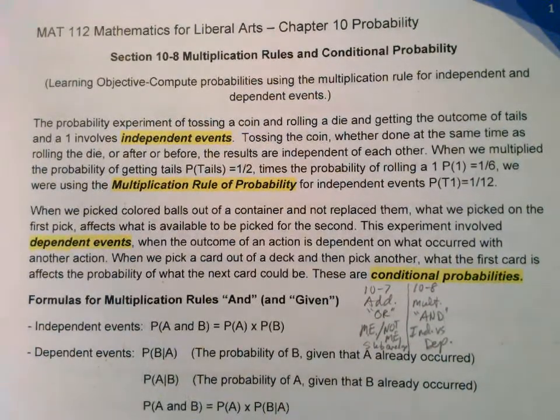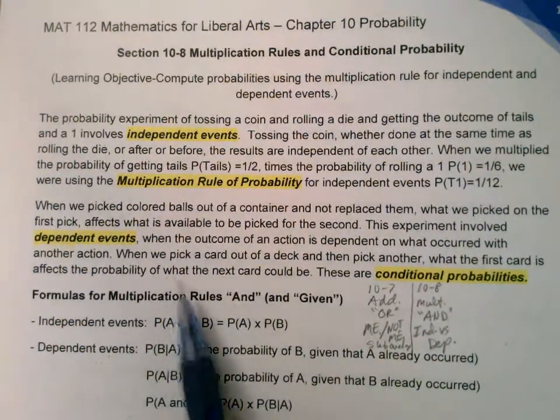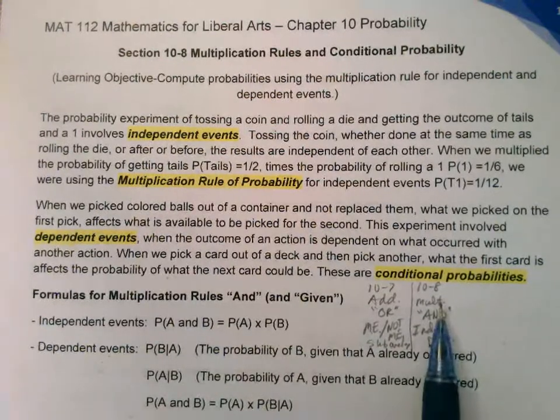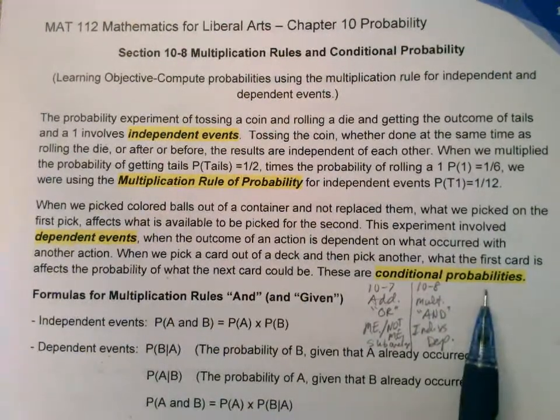So rolling a die and flipping a coin are independent. But when you pick a second card out of the same deck you picked a first, that would be dependent. When they're dependent, they are conditional probabilities. It's conditioned on what happened first.